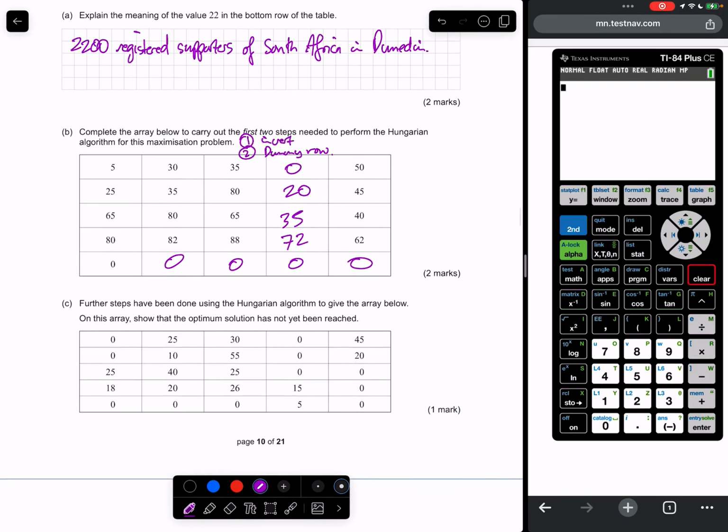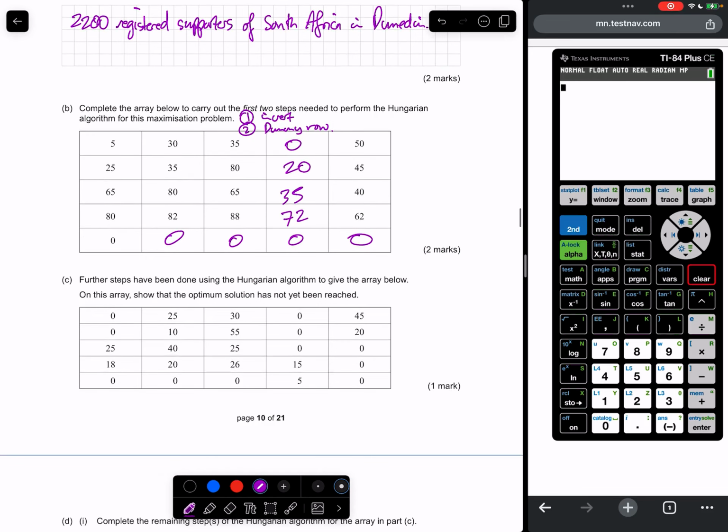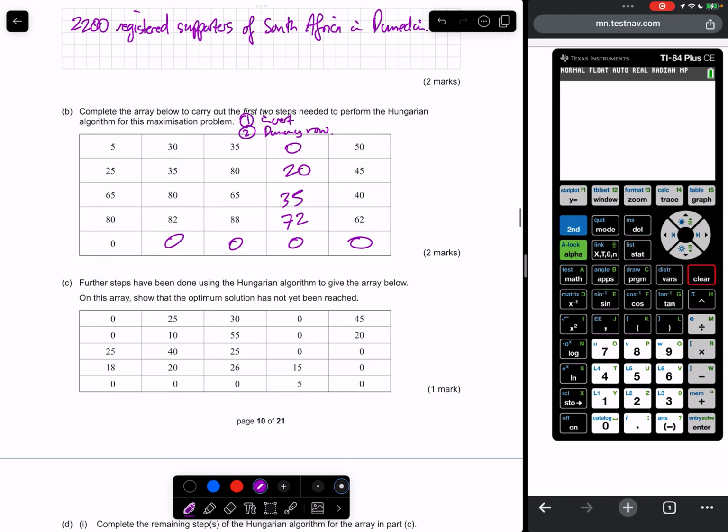Further steps have been done using the Hungarian algorithm to give the array below. On this array, show that the optimal solution has not yet been reached. Okay, cover zeros.